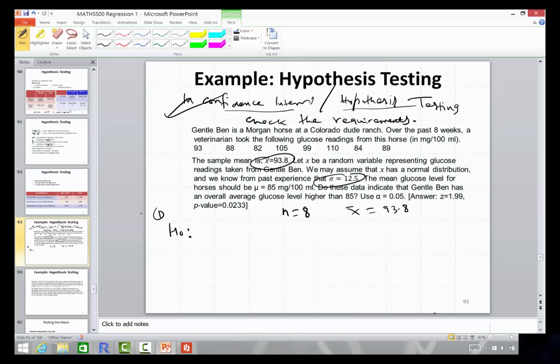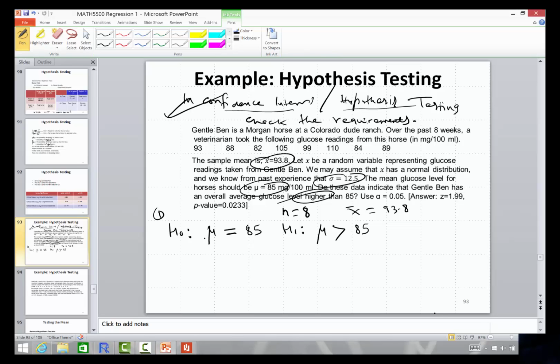The first step is writing the hypothesis. The null hypothesis is always about the parameter: the mean mu is equal to 85 mg, that's per 100 ml, that's the unit, so don't worry. Mu is equal to 85, that is the null hypothesis. The alternate hypothesis has the same number, 85, but with a different sign, and this comes from the problem: higher.